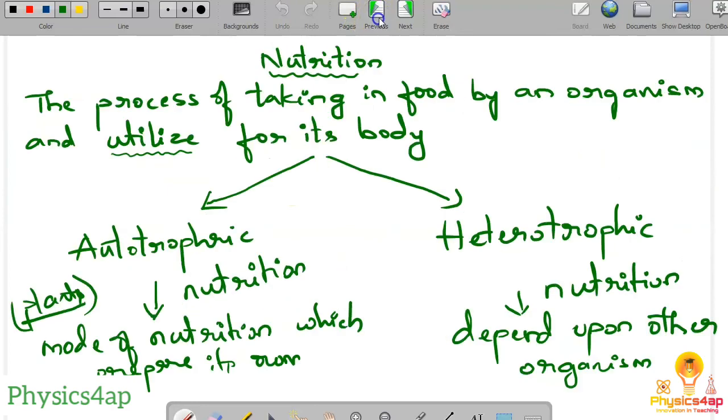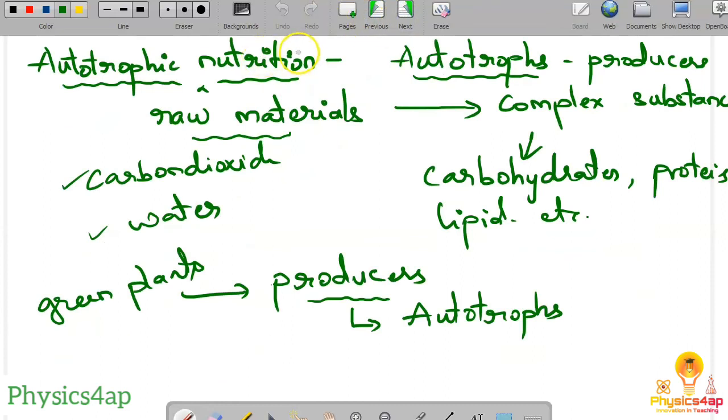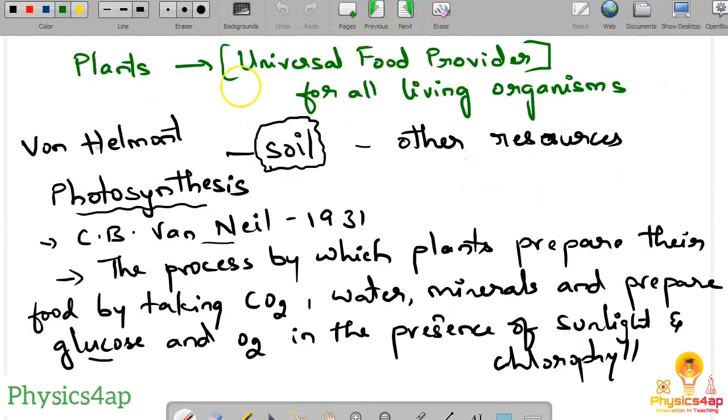And here we have discussed the definition of nutrition and the types of nutrition. And we have discussed the autotrophic nutrition. So it is a mode of nutrition where it takes the raw materials and prepares them into complex substances like carbohydrates, proteins, lipids, fats. Okay, so these are all the food materials for the plants. These can be prepared by the process called photosynthesis.